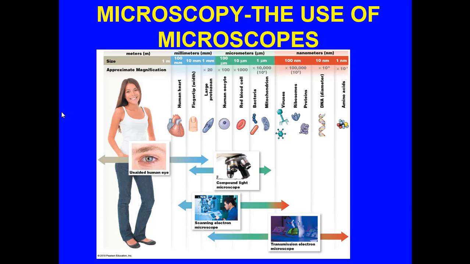That's where it is possible with scanning electron microscopes and other types of electron microscopes, such as the transmission electron microscope, that you can see structures like viruses and even subcellular structures like ribosomes and even some proteins. Transmission electron microscopes can go right down to the level of almost amino acids, and that's at 1 nanometer. In other words, a billionth of 1 meter.